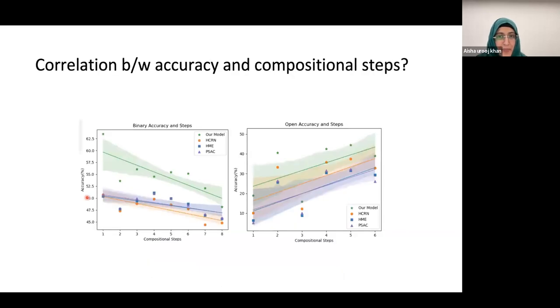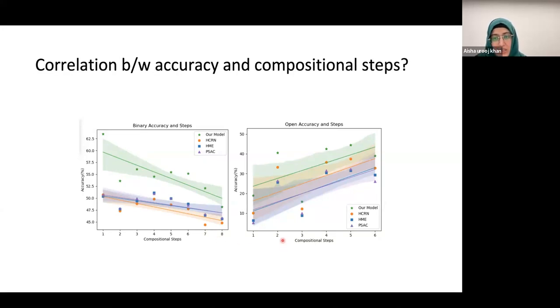We also tried to test the correlation between accuracy and compositional steps. For that, we fit a linear regression model. And here I'm showing graphs for the binary questions as well as the open questions. And we see that for the binary questions, increasing the number of compositional steps actually makes the question more challenging.